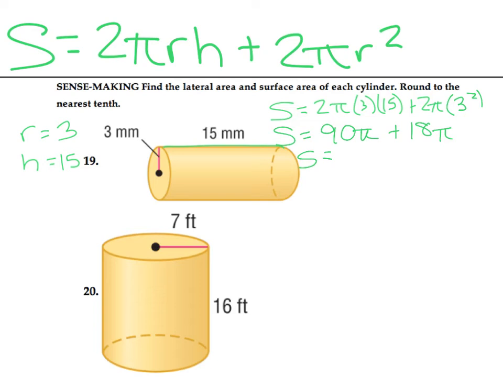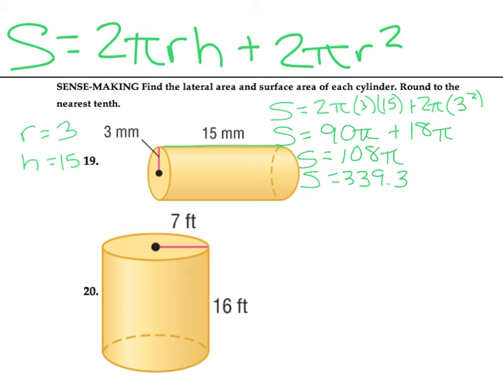I'm going to get 90 pi plus 3 squared is 9 times 2 is 18 pi. I'm going to combine my like terms here, so I get 108 pi. This would be my exact answer for surface area, but I am now going to multiply that out. So 108 times pi gives me 339.3.